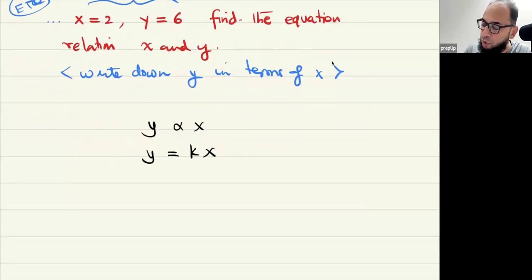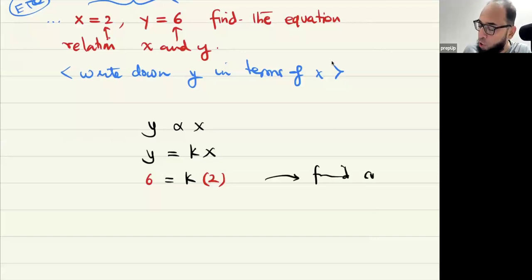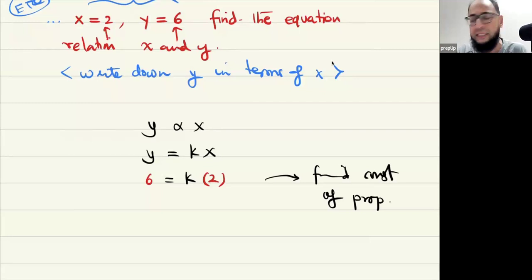Now plug in the values, y is 6, x is 2, and we have 6 equals k times 2. So the first objective is to find the constant of proportionality. That could be k, that could be h, that could be some other constant. So therefore k is 6 over 2, which comes out to be 3.